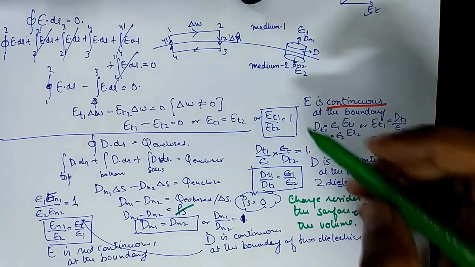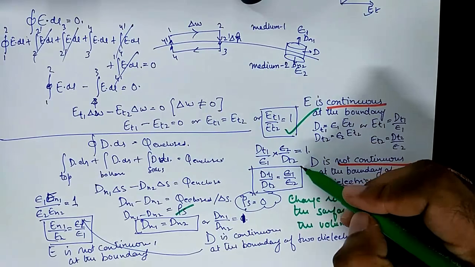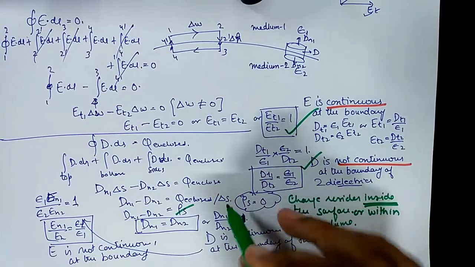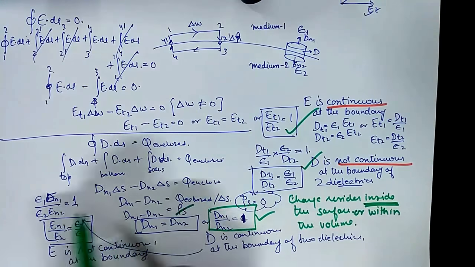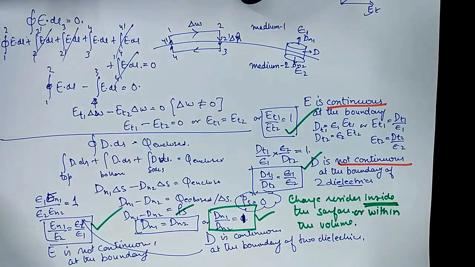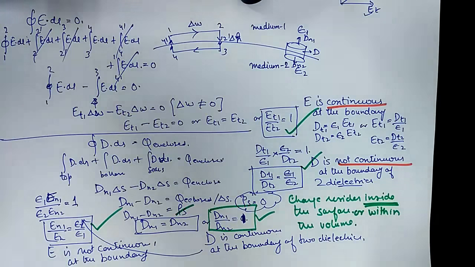So we've got 4 results, 1, 2 for tangential components, 3, 4 for normal components. The tangential component of electric field intensity is continuous, the tangential component of electric flux density is not continuous, the normal component of electric flux density is continuous, and the normal component of electric field intensity is not continuous at the boundary of 2 dielectrics.